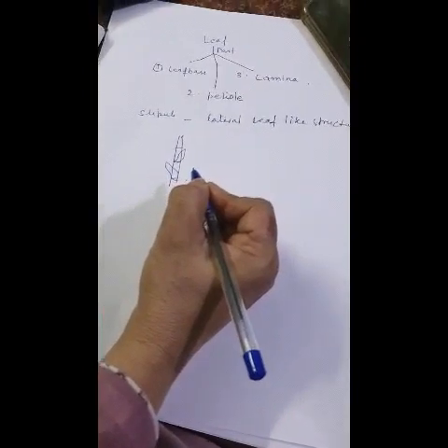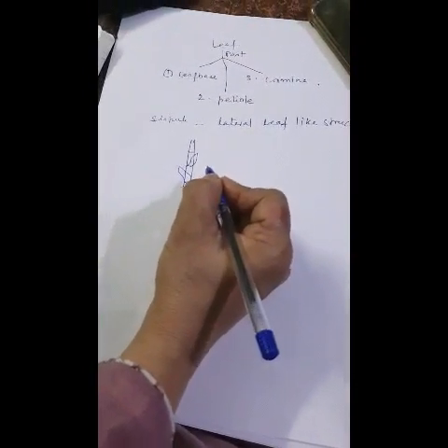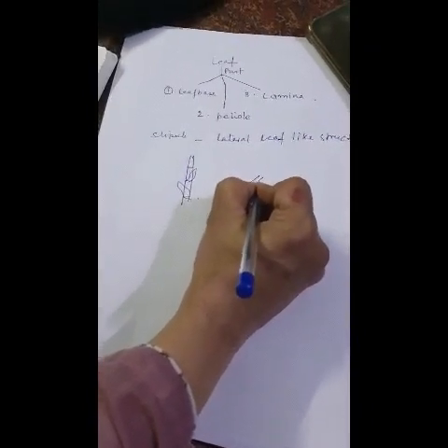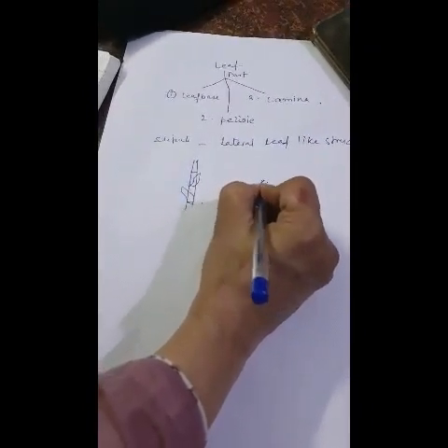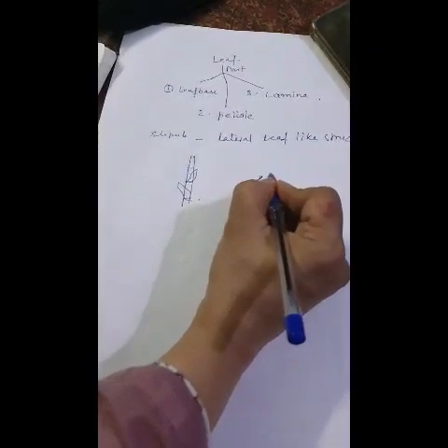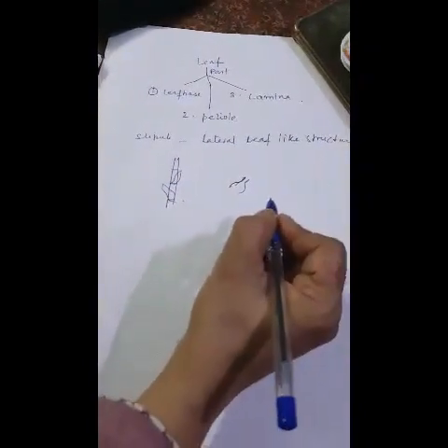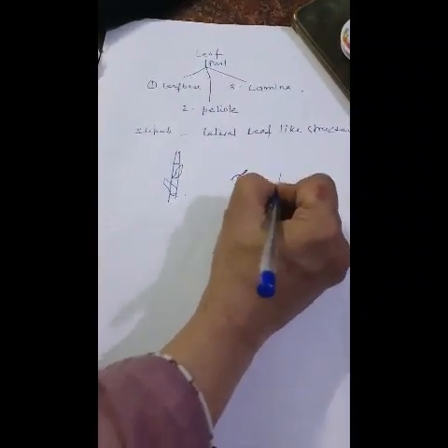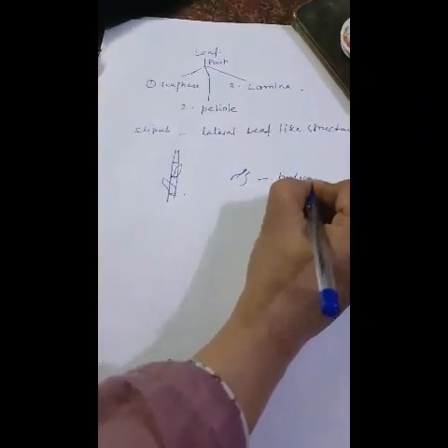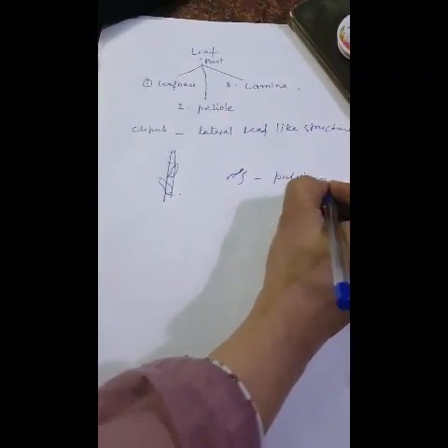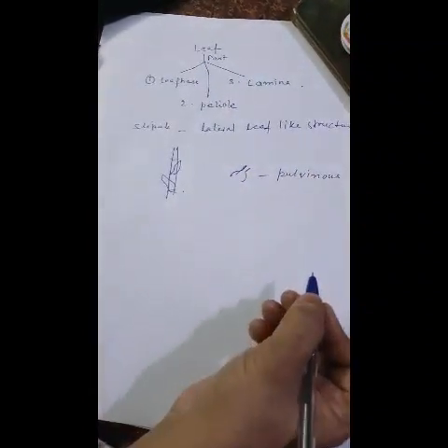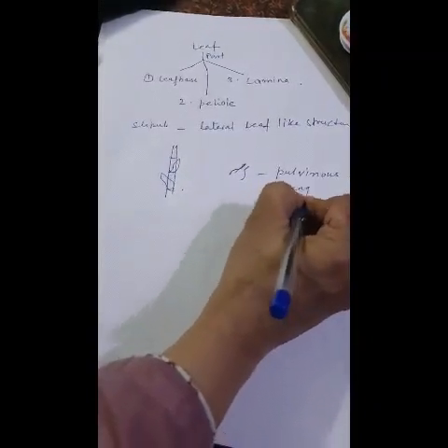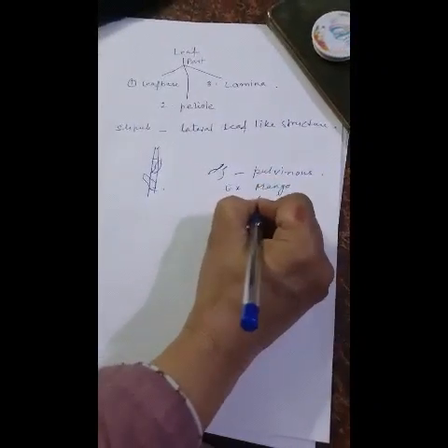In some leguminous plants, leaf base becomes swollen, and it is known as pulvinus. Examples are leguminous plants, mango, banyan.